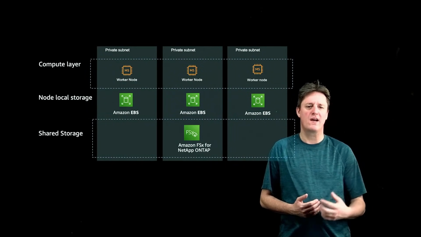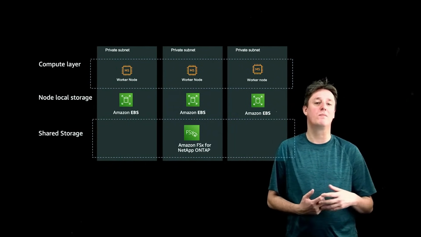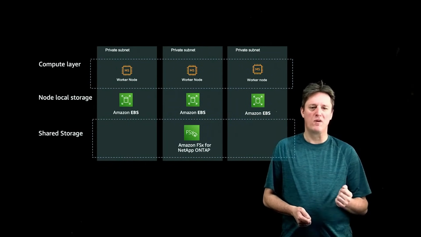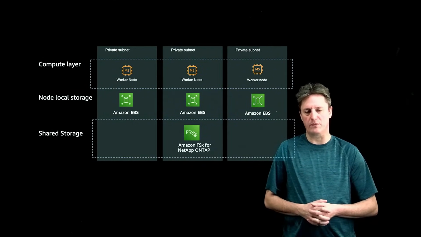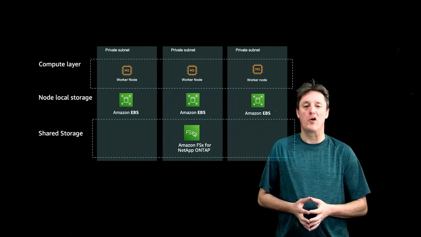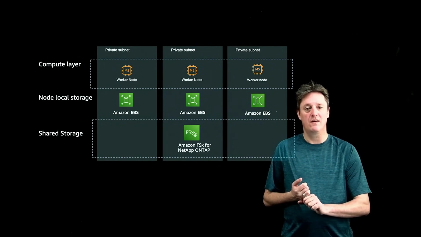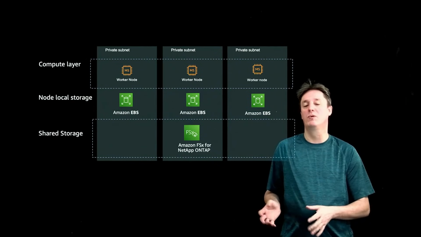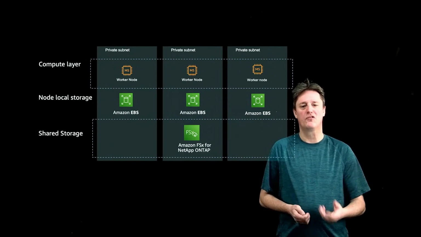So we've created the same resilience model, the same benefits, the same data protection, but we've built it as a managed service outside of the customer's account. Customer still gets all of those benefits. They still get a multi-availability zone capable shared storage platform, a multi-protocol storage platform.